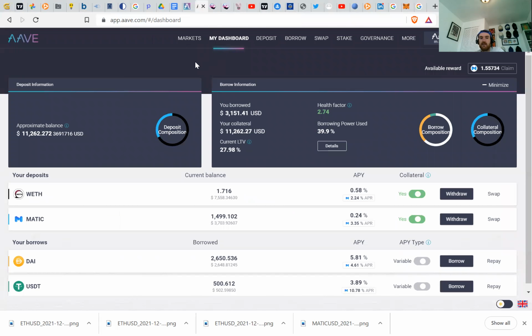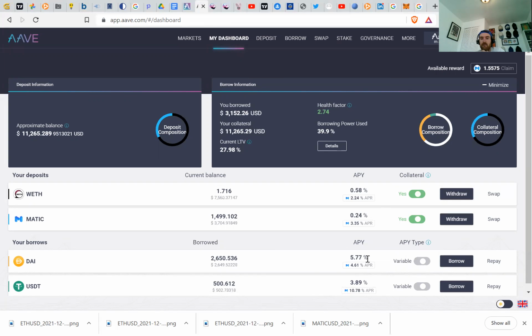But basically what I did was I took 1 ETH and I took this MATIC that I have, and I basically just borrowed money, which I'm earning interest on, paid in MATIC. So look at this, I'm earning 10% interest to borrow USDT and 4.6% interest to borrow DAI.